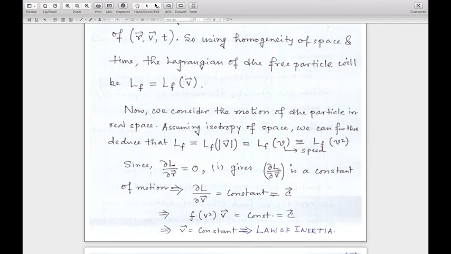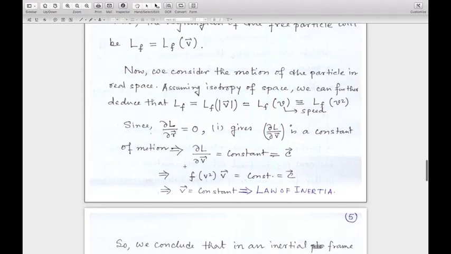Okay. So if L is a scalar, then ∂L/∂r will simply be the gradient of L, which will be a vector. So that will be 0. So ∂L/∂v, which will also be a vector, will be a constant of motion, so this will be a vectorial constant of motion. Okay, and that constant we can call C.